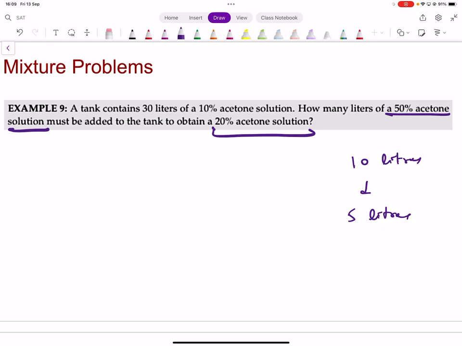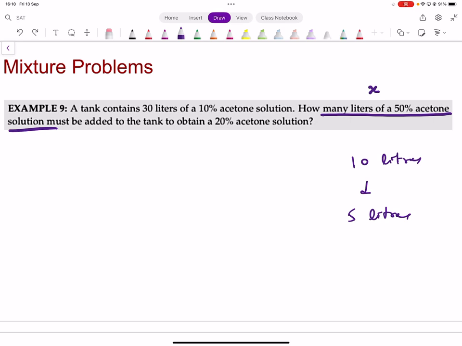How do you think about this now? What are we looking for? How many liters of a 50% acetone must be added? Let's call this number X. How many liters of this solution do we need to add?